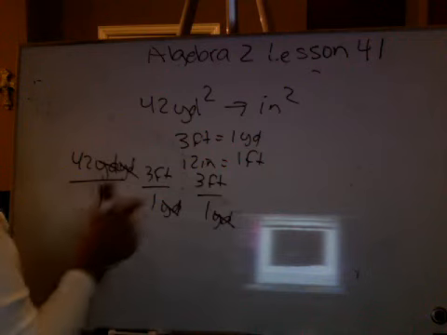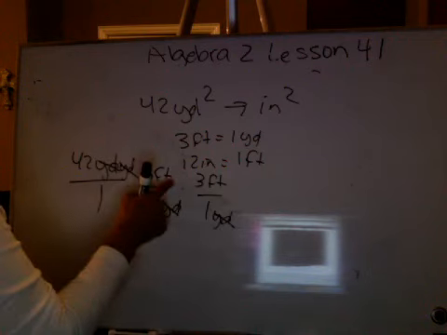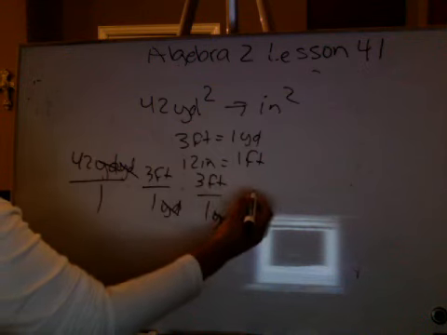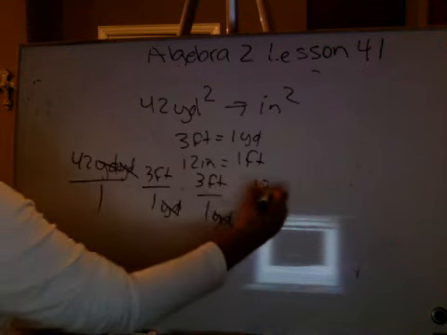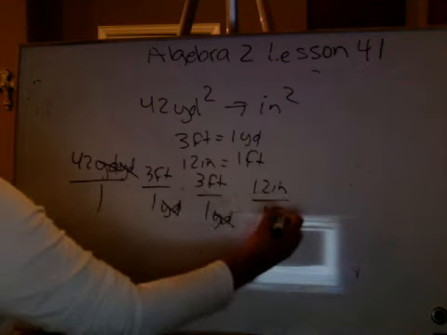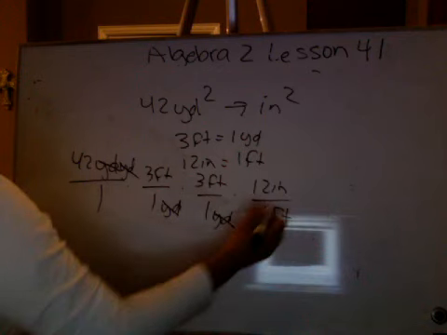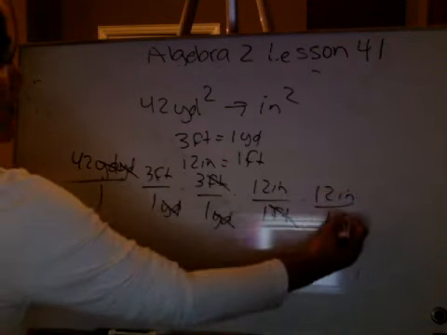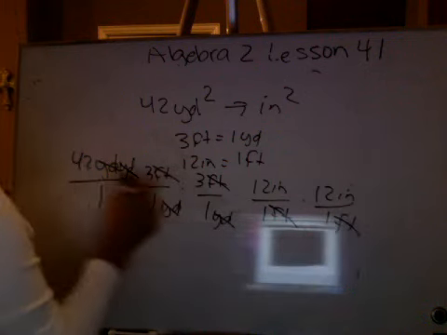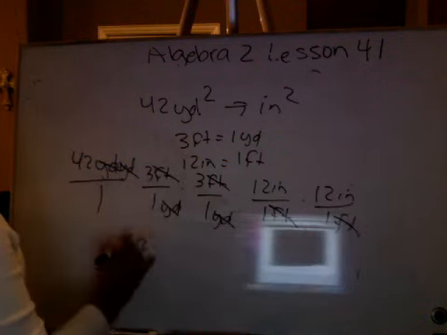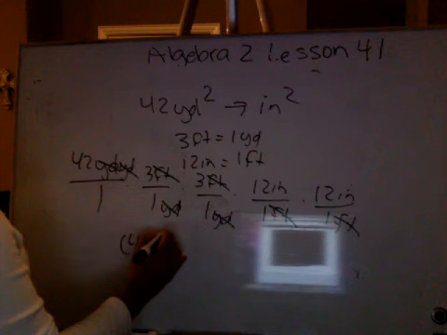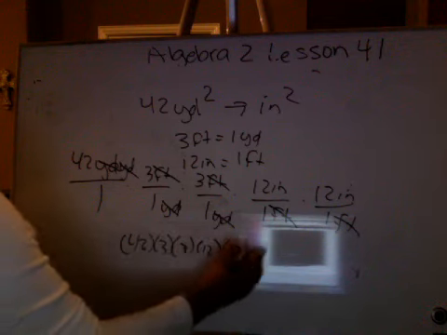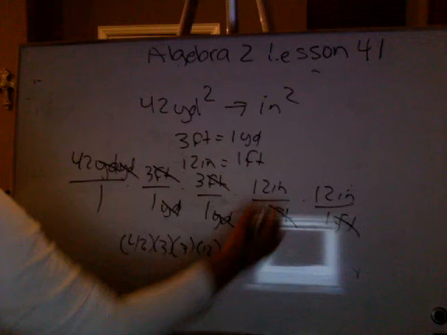Okay, well, that leaves me with feet squared. I want inch squared. But I do know that 12 inches is 1 foot. That goes away. Well, I got one more to go. 12 inches over 1 foot. That cancels. I'm left with 42 times 3 times 3 times 12 times 12 times inch squared, because inch times inch.